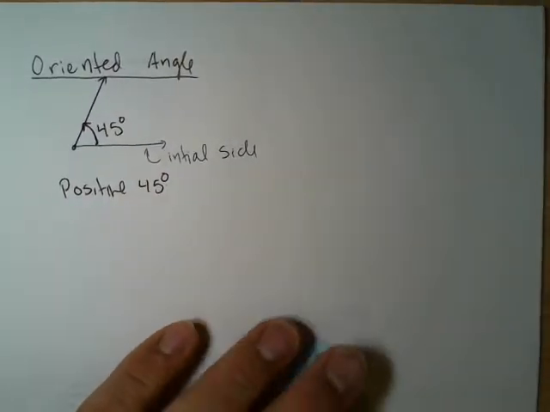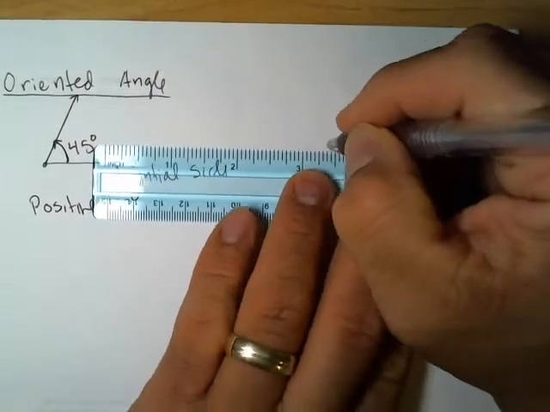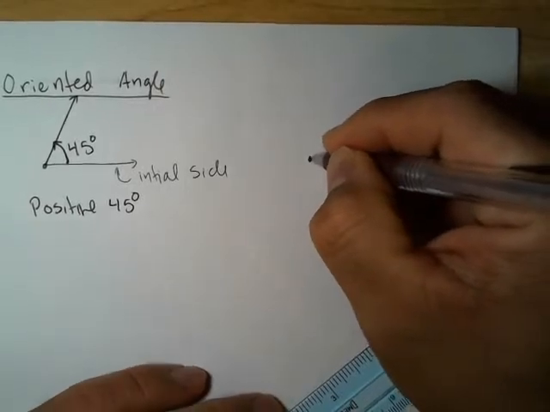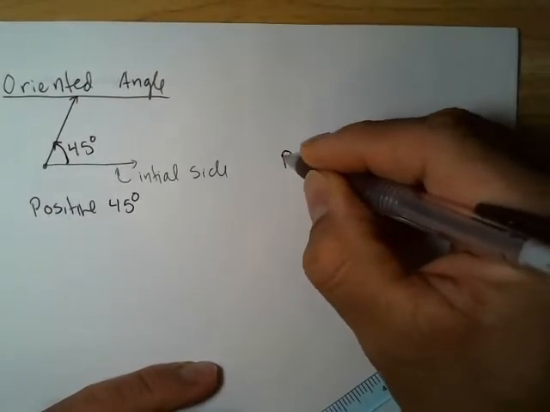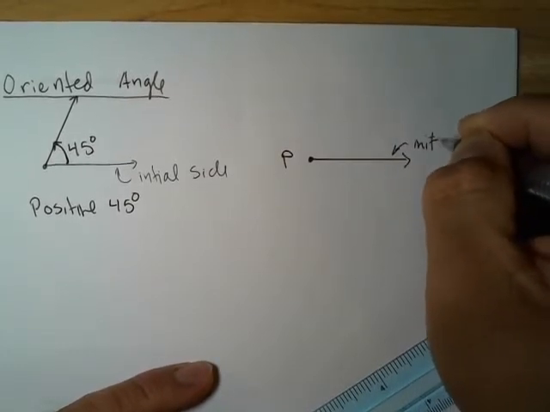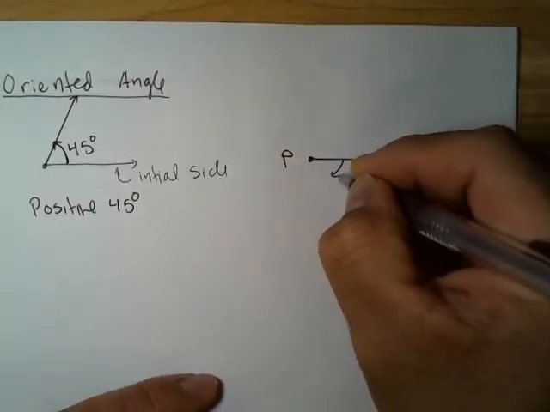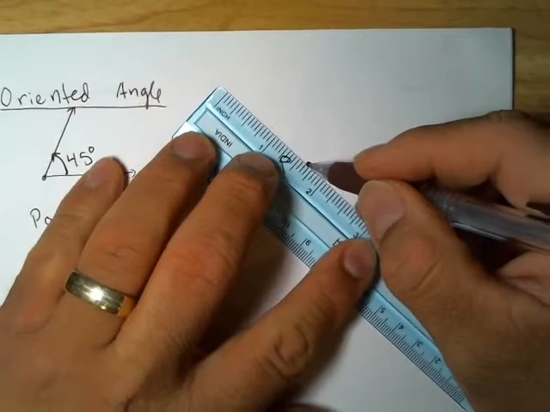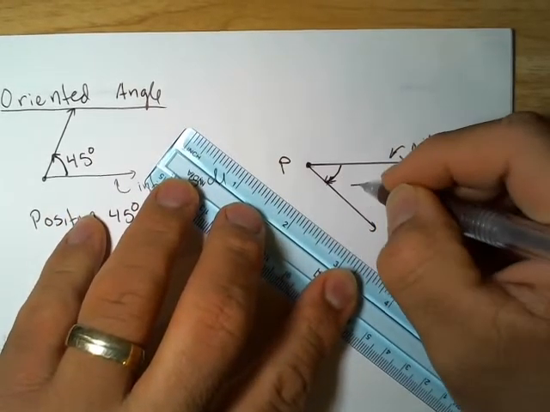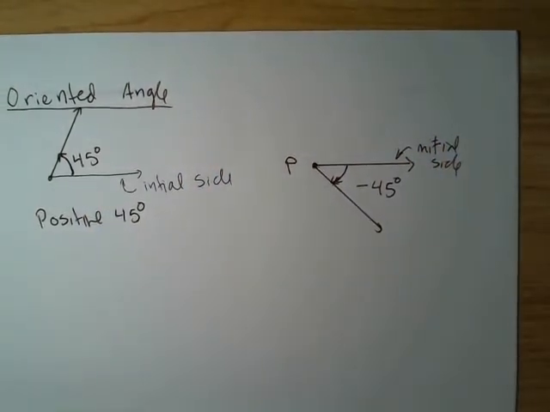Now that means going clockwise, we're going to define as the negative direction. So we have this here. If this is my initial side, and if we go clockwise, let's say 45 degrees, that is oriented in the negative direction.